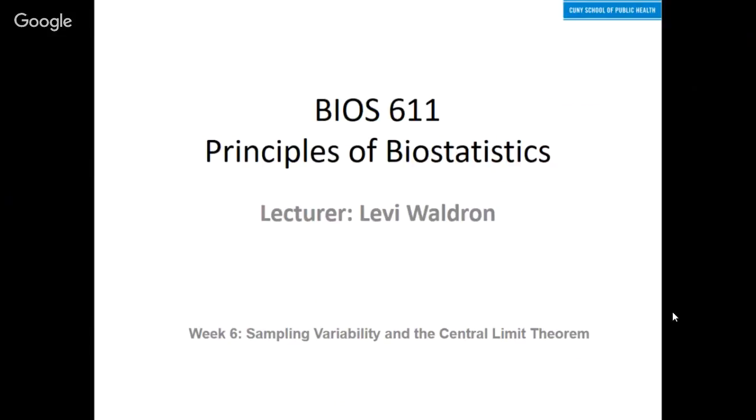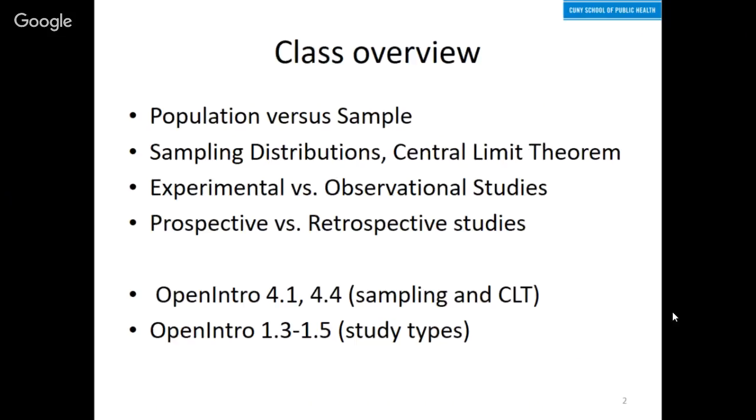We're moving on this week to sampling variability in the central limit theorem, which, as I mentioned in the announcement, is the basis for much of the inference and hypothesis testing that you're going to do. So there's some pretty concrete stuff in here.